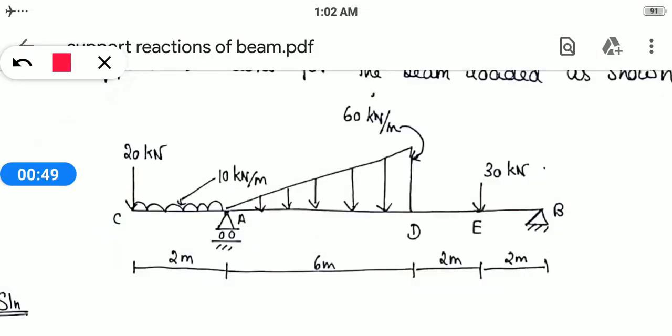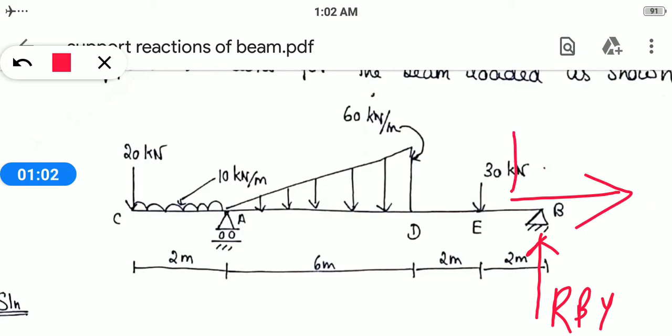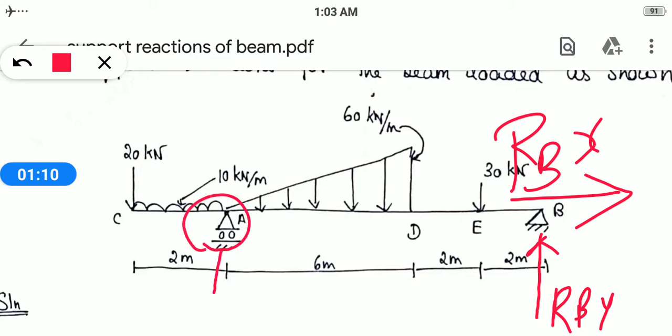Since it is supported vertically only, this is R of B y, that is, the y axis will have one reaction, and another reaction will be RB in the x direction, because in both directions it is not going to move. But see, it is the roller support. Roller will have only a vertical reaction, that means a reaction at A. Only these three are your reactions.